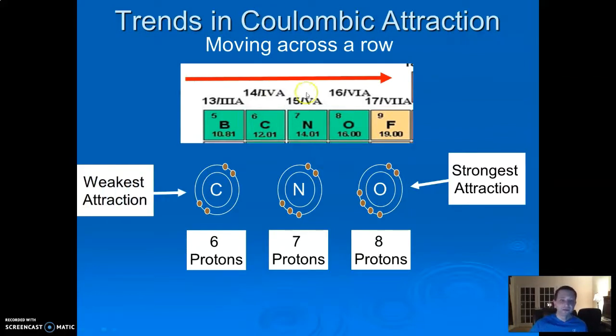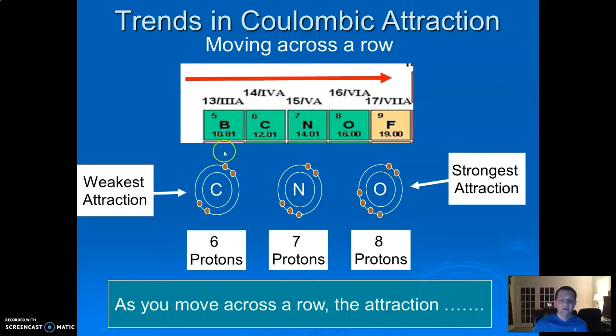Moving left to right across a row, the Coulombic attraction is increasing. Why is that? It increases across a row because the stronger Coulombic attraction is determined by the number of protons, and the number of protons increases from left to right. So that nuclear charge, the charge of the nucleus, gets bigger and bigger as you go from left to right across a row.